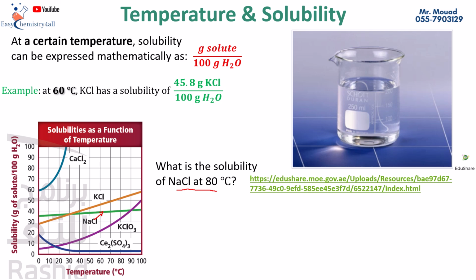So we are going to go to the 80 degrees Celsius here, go up, keep going up, and then go to the left. So the actual solubility is 40 grams per 100 grams of water, as we have seen in the video.